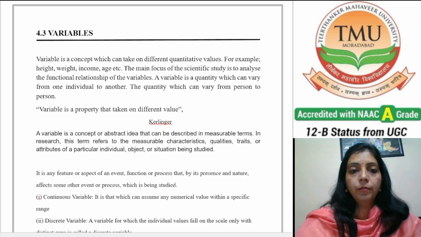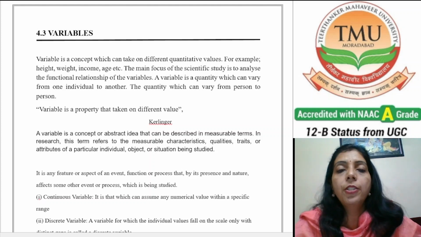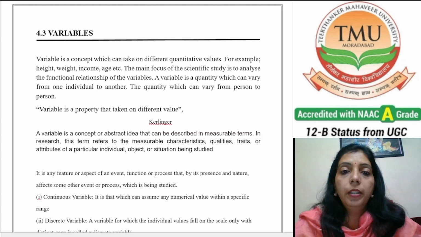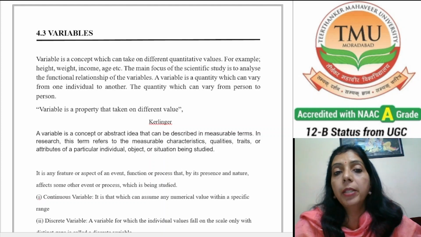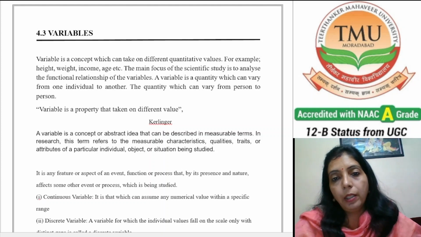Intervening variable. They intervene between cause and effect. That's why they are named as intervening variables.